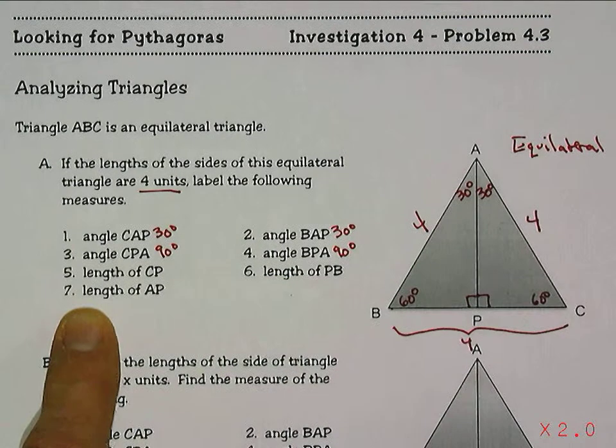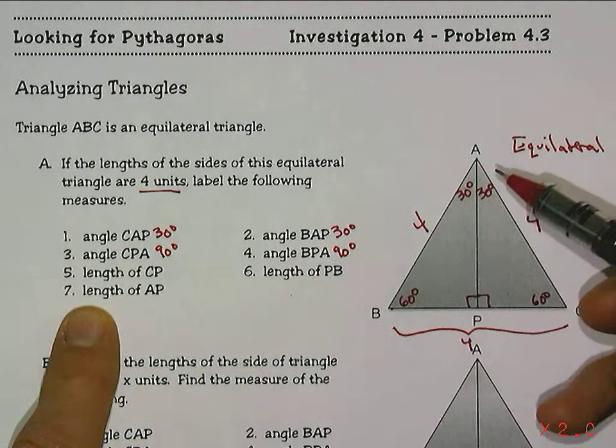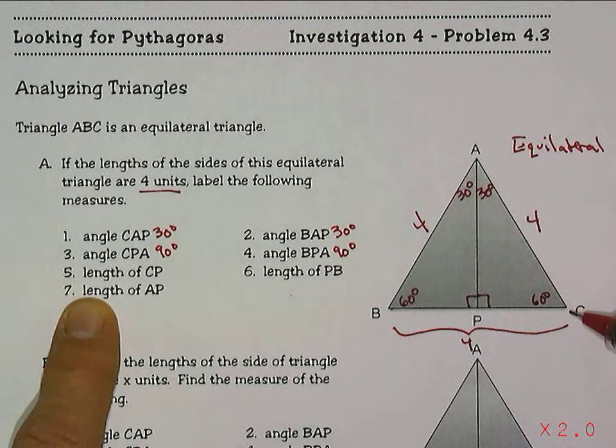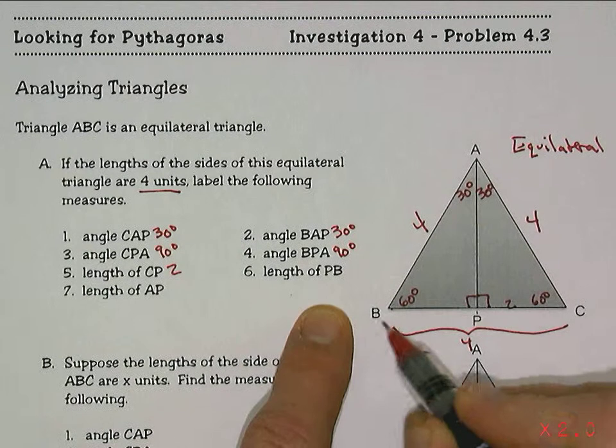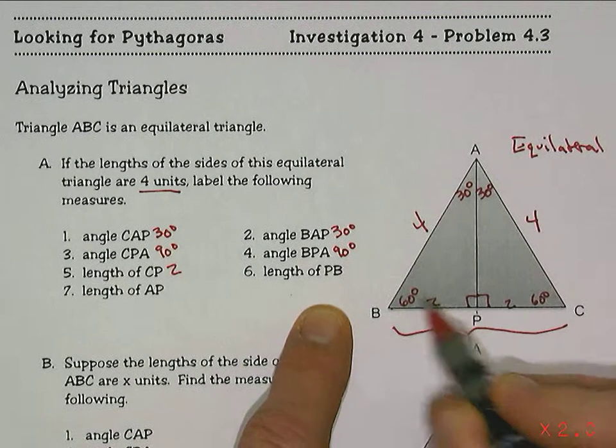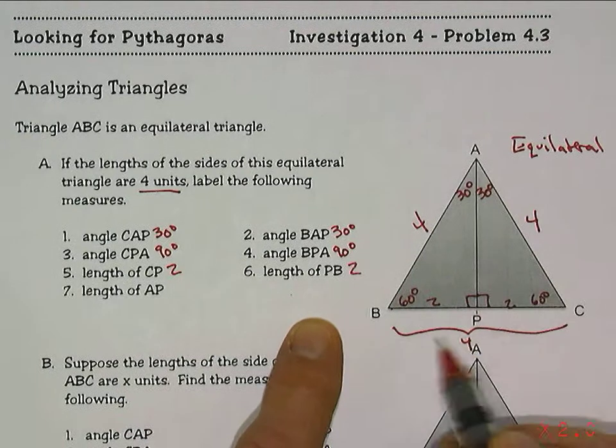And the length of different parts: the length of C to P right here, if we only go halfway, that length is 2. And then from P to B, this one also is 2, because we just cut this 4 in half.